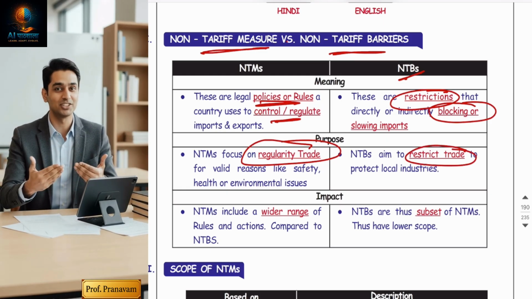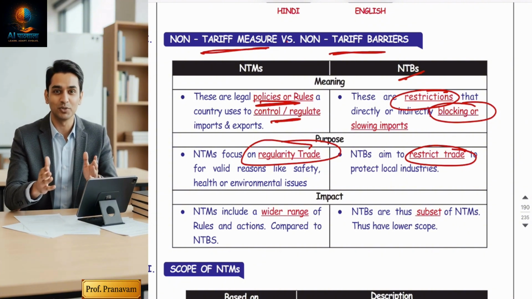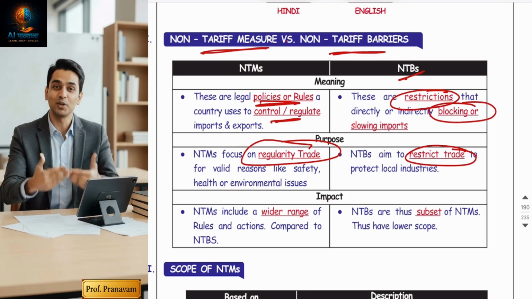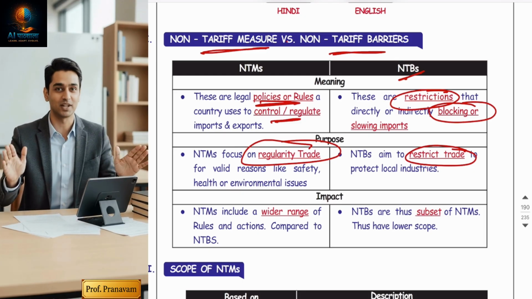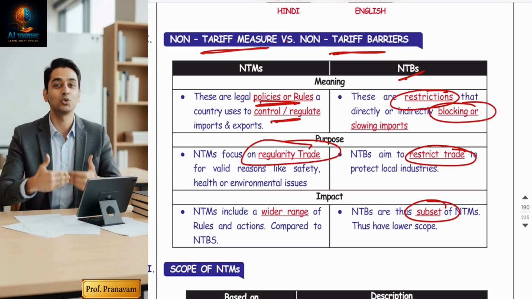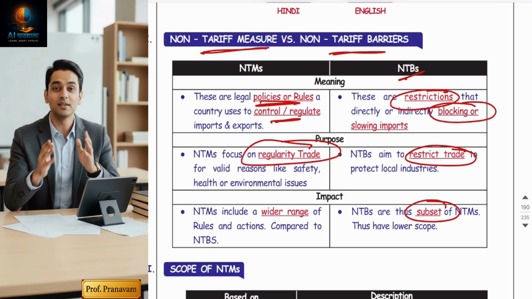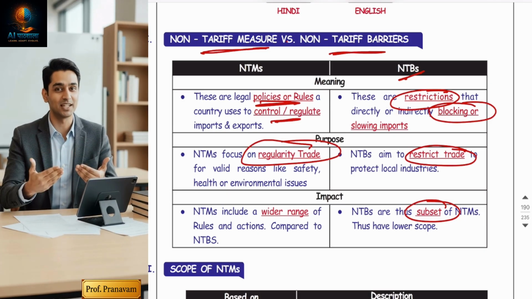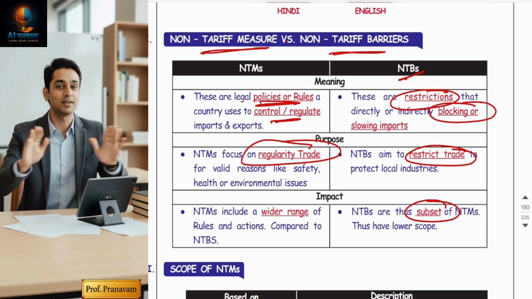Means NTBs are applied to restrict the trade, to protect domestic industries. That is why we can say all NTBs are actually a subset of NTMs. So all NTBs are NTMs, but all NTMs are not NTBs.